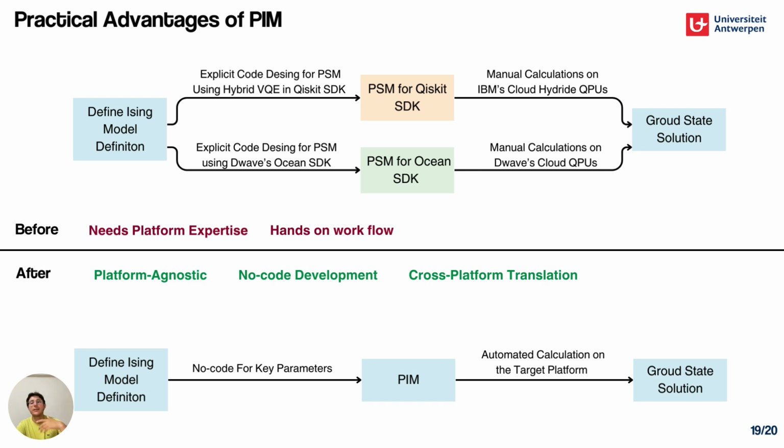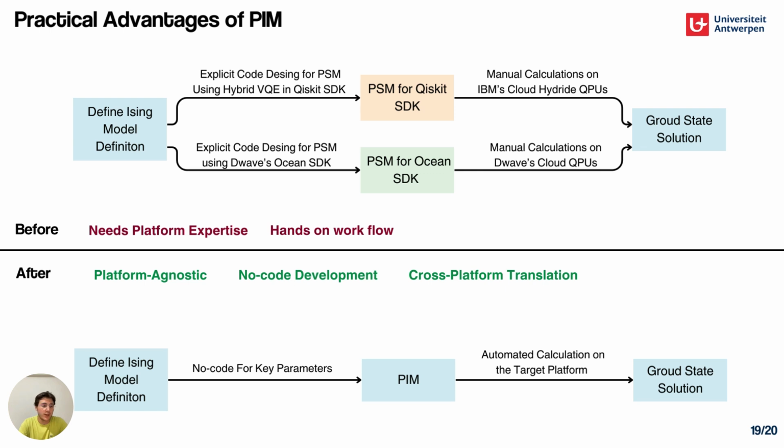And what are the practical advantages of PIMs? Before our approach, a user needed to manually design explicit code for platform specific models, such as hybrid VQAs in Qiskit, or the quantum annealer model in D-Wave's Ocean SDK. And they had to perform manual calculation with different cloud QPUs even after creating those models. It requires extensive platform specific expertise, the workflow was hands-on, and it is really time consuming.